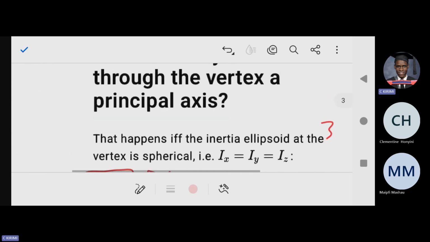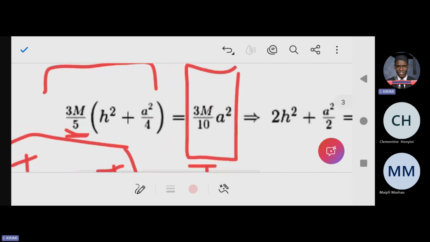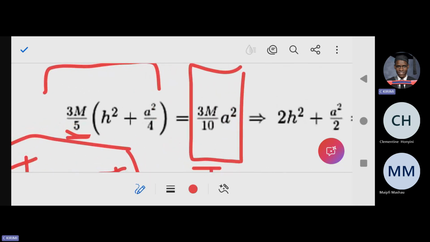Once you have equated the moment of inertia in the y and the moment of inertia in the x to the moment of inertia in the z, we are just equating those two equations. Once we equate these two equations, it means that, with the implication sign, you have multiplied both sides by what? Let's divide. When you divide both sides by 3m, what do you get?